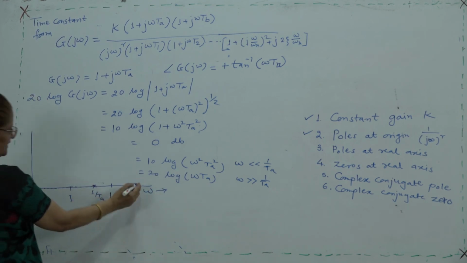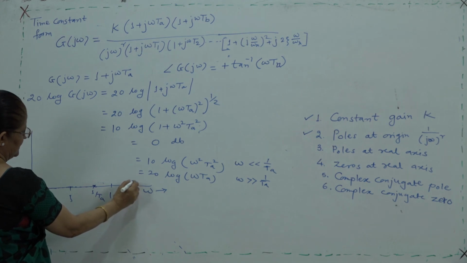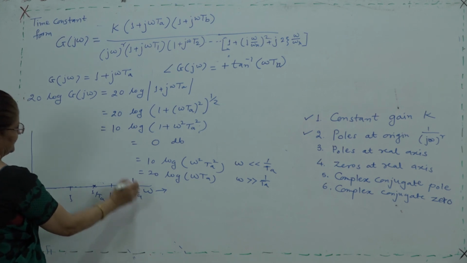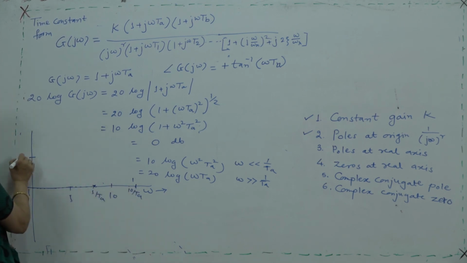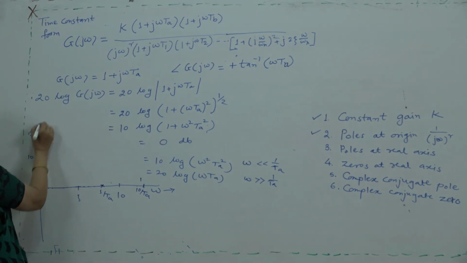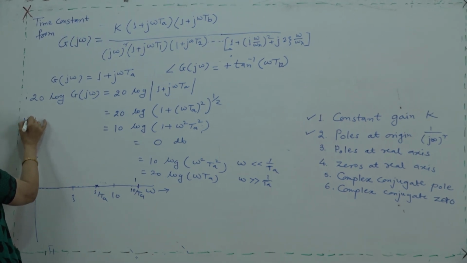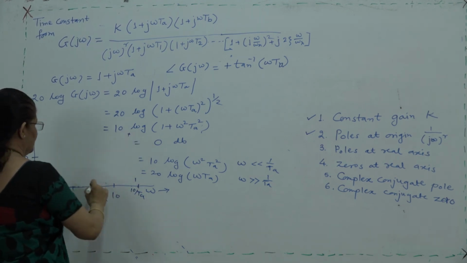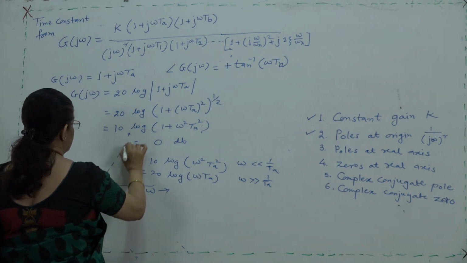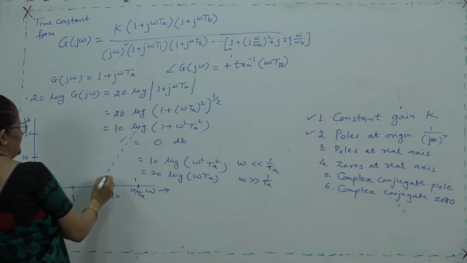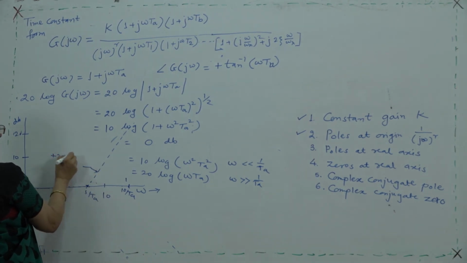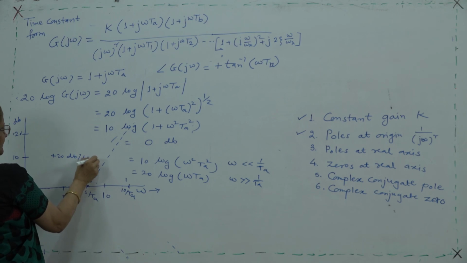Suppose this point is 10 upon T A, then I will get here 20, in dB. So, at 10 upon T A it is 20 dB, and the line you will get with plus 20 dB per decade. So, the slope of this line is plus 20 dB per decade.